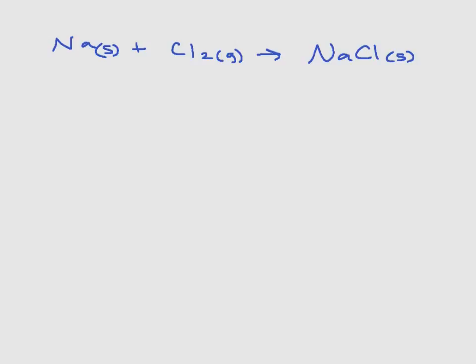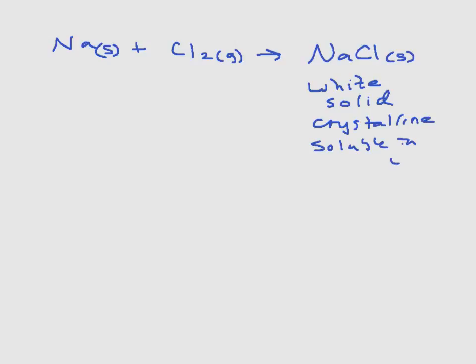You might say to me that it's white. You might say that it's a solid. You might describe that it's crystalline, that it seems to be like little crystals when you see it. You might say that it's soluble in water, because you know that you put it into water, it'll dissolve.